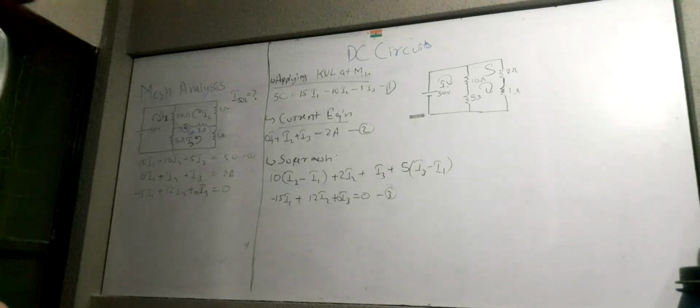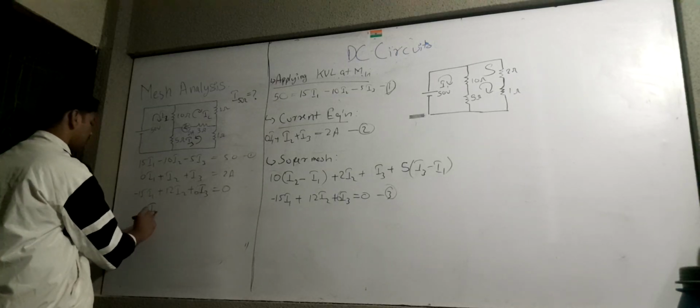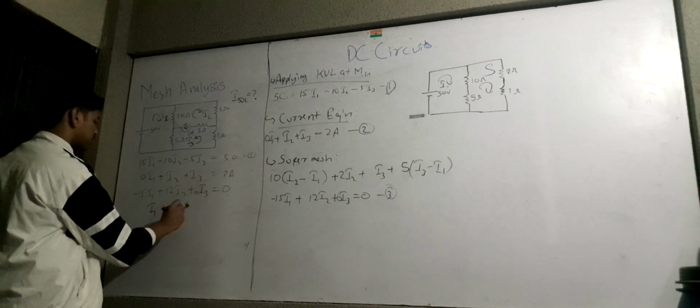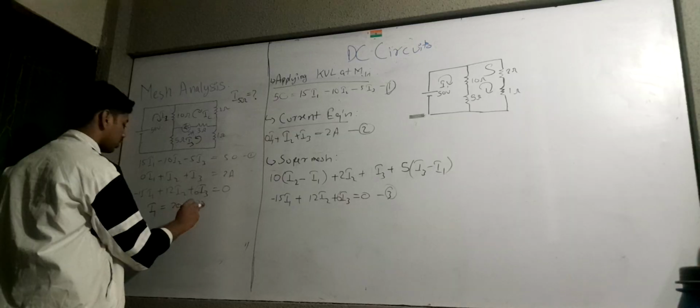So let's put that in the calculator again. 15, minus 10, minus 5, 50, 0, 1, 1, 2, minus 15, 12, 6, 0, and that gives I1 equal to 20 amps, and since it is going clockwise, which we had assumed earlier, it is clockwise.